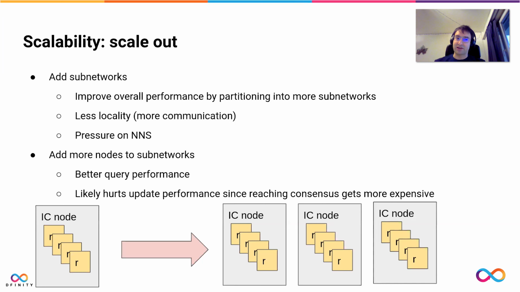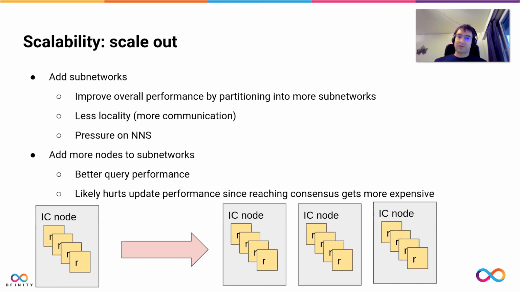So if you imagine you have a big application that needs to communicate a lot, you might have to communicate more across subnetworks. So there are limits on how well this can work as well. And there might also be more pressure on the NNS. So currently, we don't think we are anywhere close to a problem here. But eventually, the NNS, as a central component of our system, might become a bottleneck.